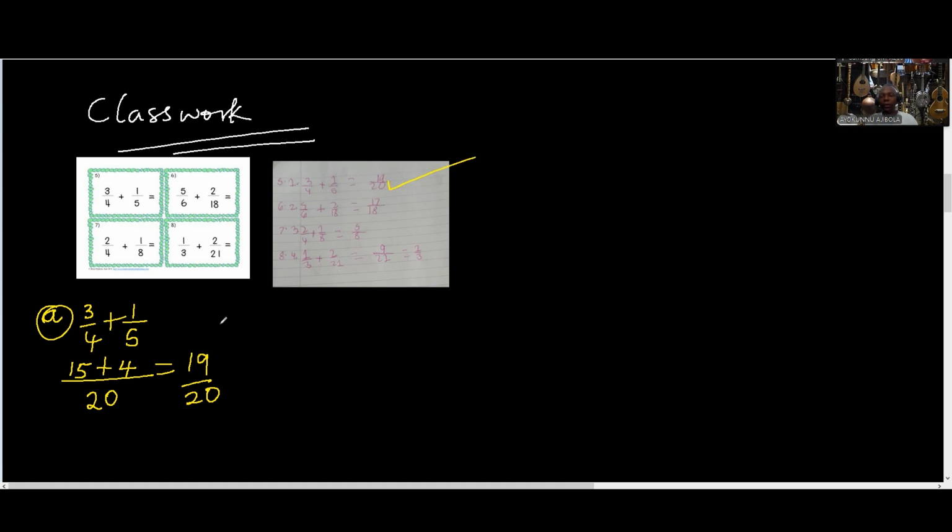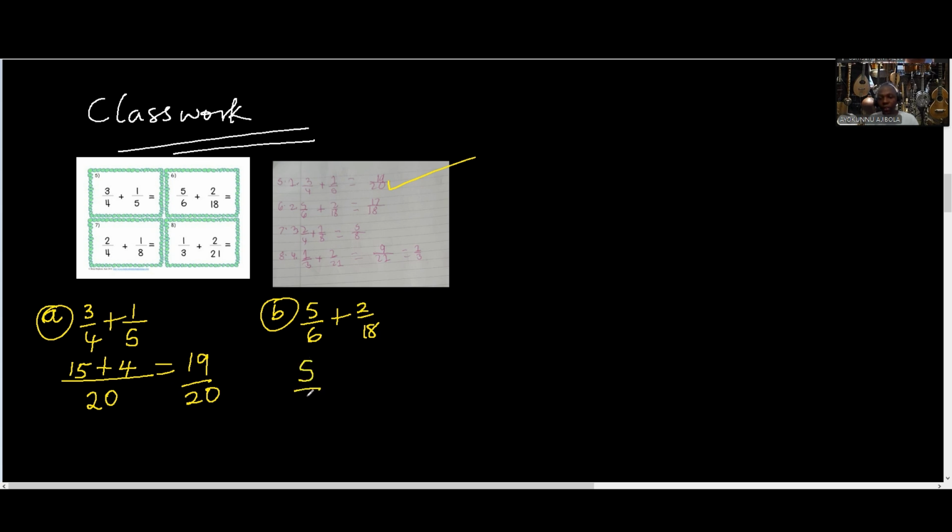So that's correct. Then the second one, we have 5 over 6 plus 2 over 18. If you like, you can reduce this first, okay? If you like, but you're still going to get the same answer.